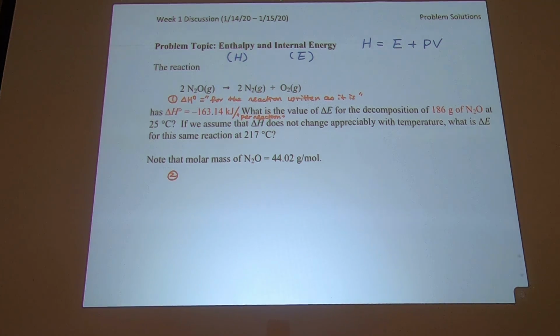The second perspective is delta H is minus 163.14 kilojoule. What does that mean? It means minus 163.14 kilojoule per reaction. That's what I said here.